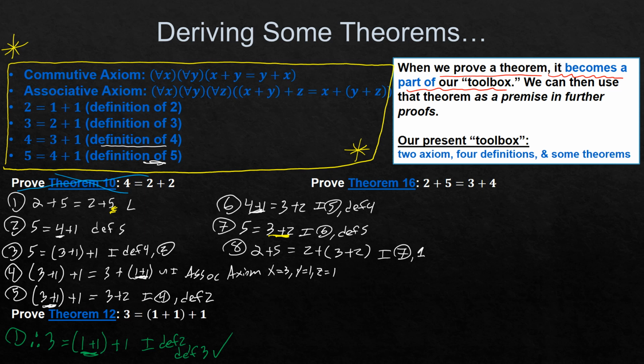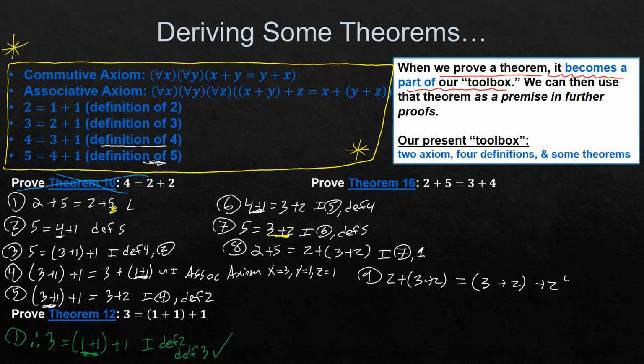For line 9, let's resort to the commutative axiom, because we're going to want to say that 2 plus the quantity 3 plus 2 is the same thing as the quantity 3 plus 2 plus 2, because then we can relate lines 7 and 9 through the identity rule. So let's just say that 2 plus (3 plus 2) is equal to (3 plus 2) plus 2.